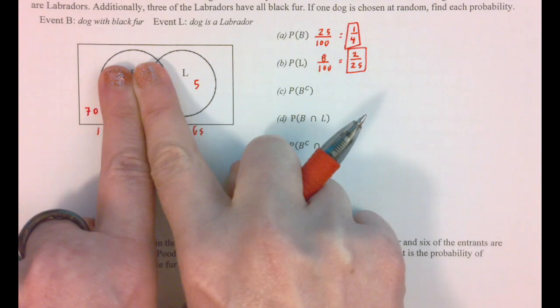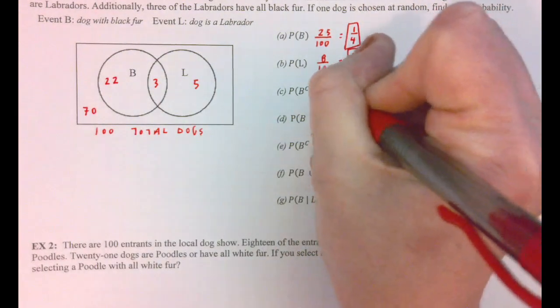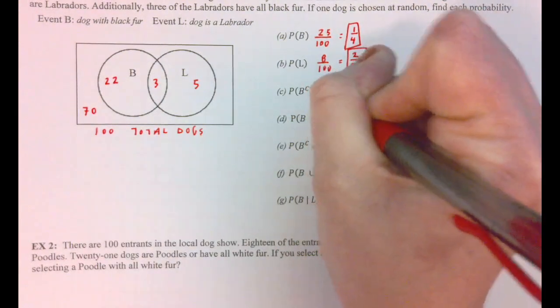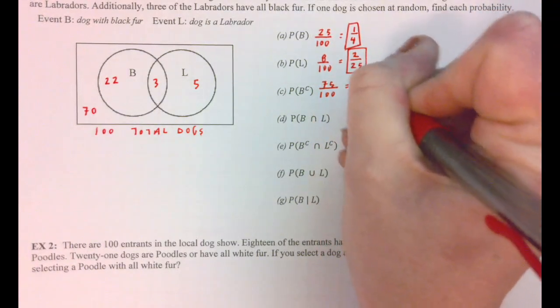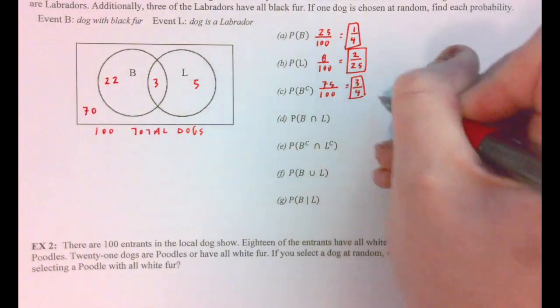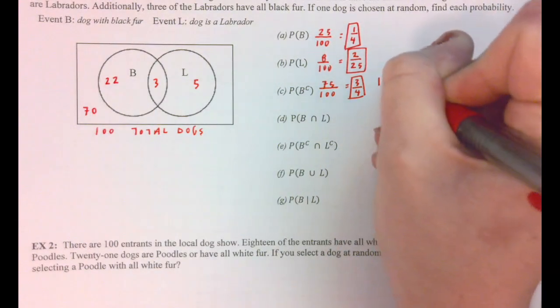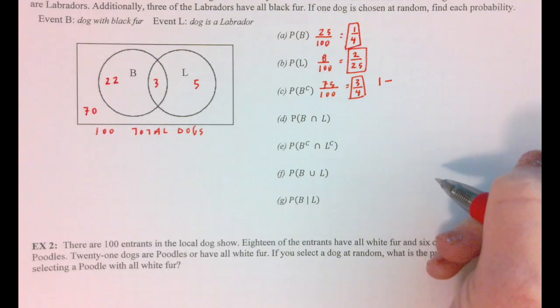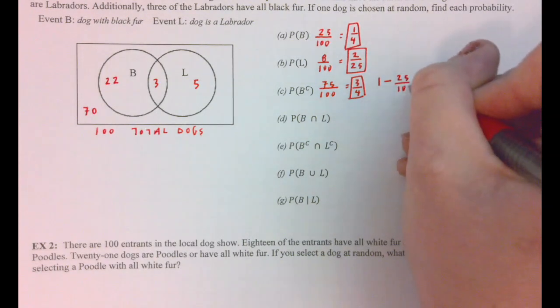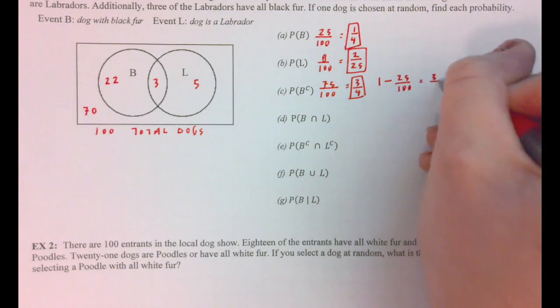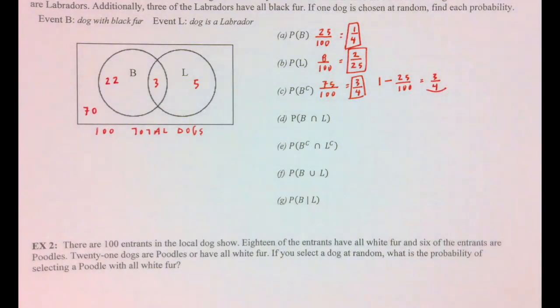So I can see that there's 75 that are not black fur out of 100, which reduces to 3/4. The other way that I could do that is 1 minus the dog has black fur, 25 out of 100. It gets me to the same conclusion. So either way is fine.